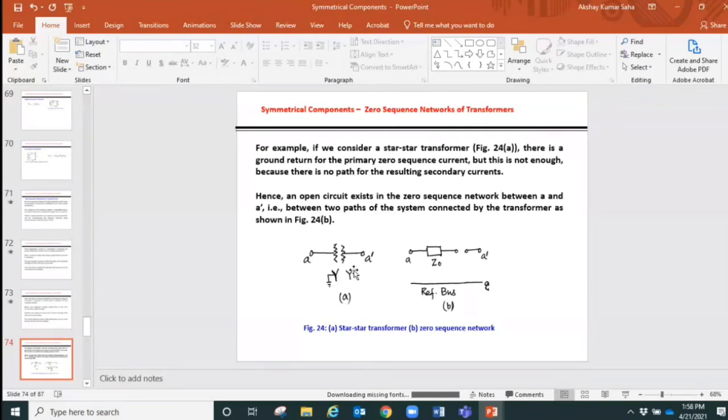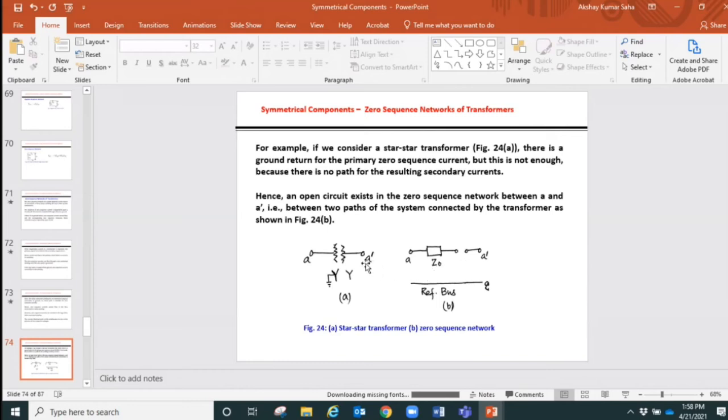So this is the secondary side, and it's star connected, neutral not grounded. What does that mean? Zero sequence component of current cannot flow in the lines. For this secondary, zero sequence component of current cannot flow in the lines, and if it is not there, then it won't have any reflection on the primary side. And then when we draw the sequence network, we'll have to show the respective phase, reference bus, the incoming terminal, outgoing terminal, the impedance, zero sequence impedance.